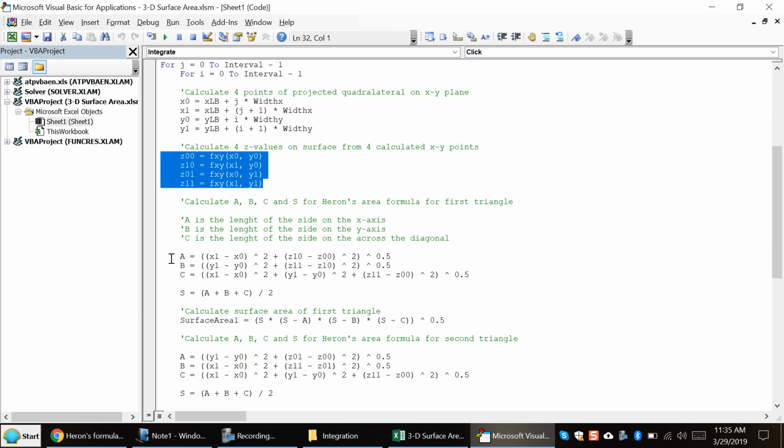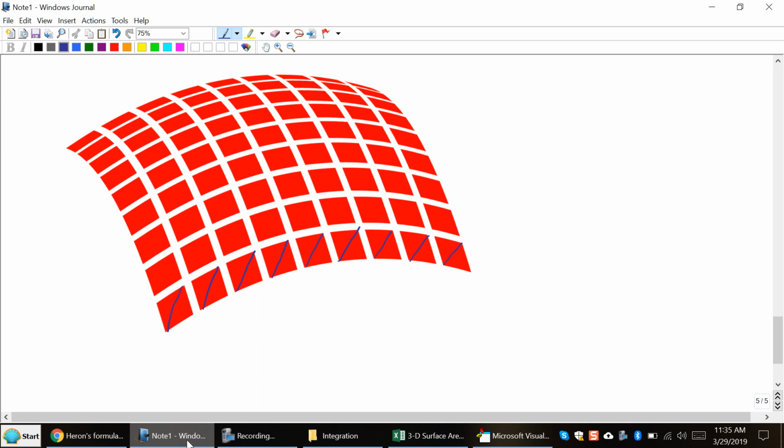Now what we're going to do is calculate A, B, and C for the first triangle. What is the first triangle? The first triangle is this triangle. What do you think the second triangle is? Yeah, it's this triangle right here. So I'm going to calculate the area of two triangles.